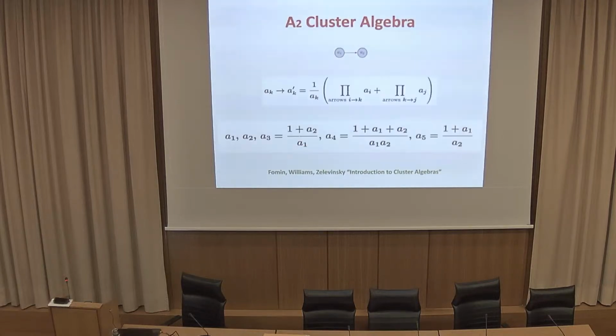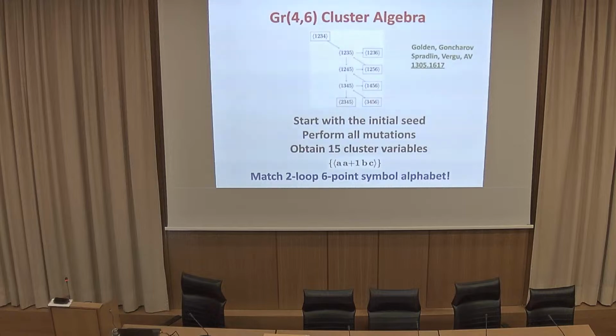If you now take 6 points and look at Gr(4,6), the quiver that I wrote for general n on the previous slide looks something like this. Then you mutate and write all your variables, so from mathematics you start with a quiver, mutate, and get a list. It turns out that this matches exactly the set of singularities in the amplitude. So that's the connection between the math and physics.